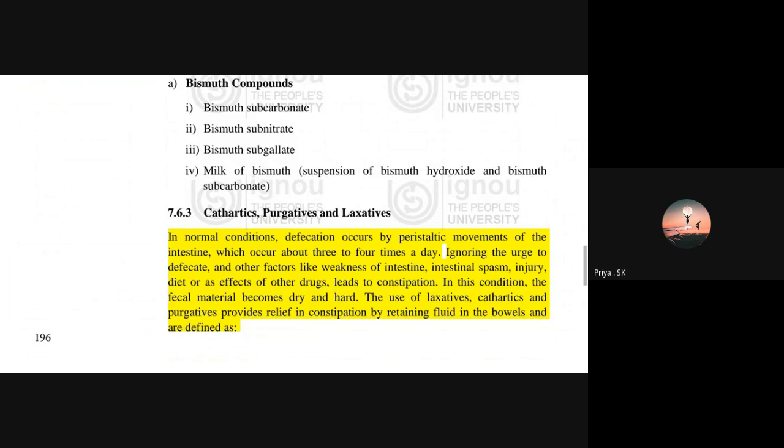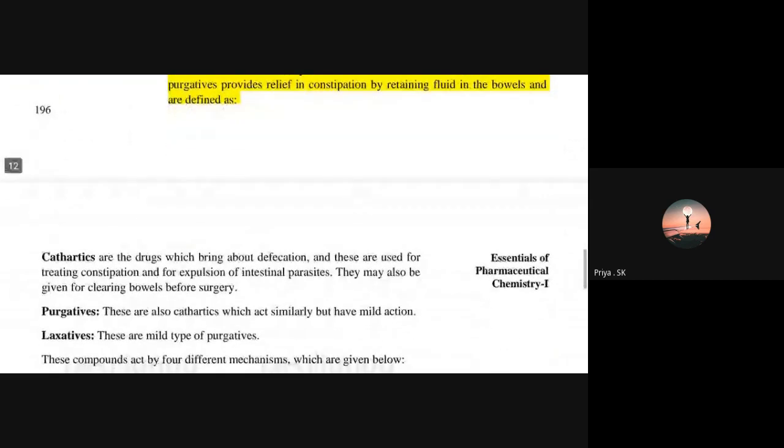Ignoring the urge to defecate and other factors like weakness of intestine, intestinal spasm, injury, diet, or effects of other drugs lead to constipation. In this condition, the fecal material becomes dry and hard. So in these cases, we can use laxatives, cathartics, and purgatives, which provide relief in constipation by retaining fluid in the bowels and are defined as cathartics.